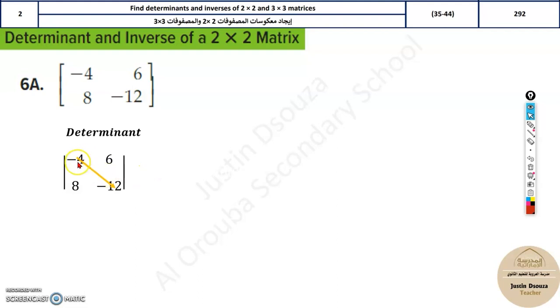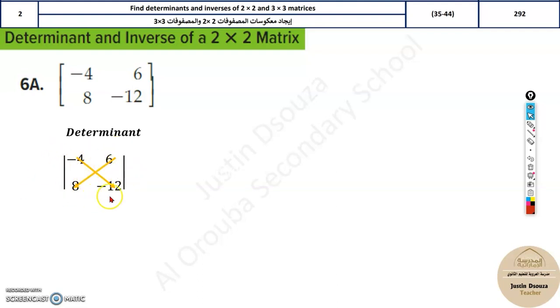So what we do is, look, draw a diagonal line from the left side. That means from the left side, the 2 digits that come under it, the -4 and -12 will be multiplied and subtracted from the product of the other 2 digits.